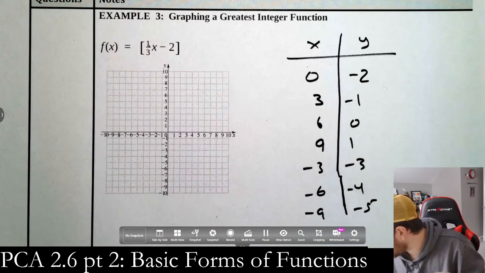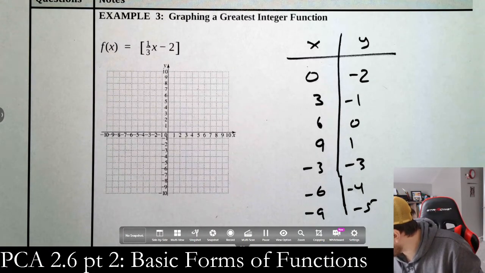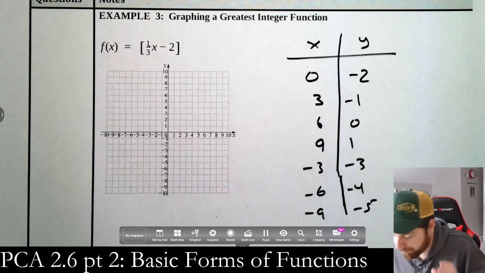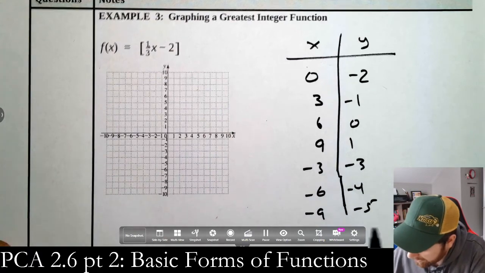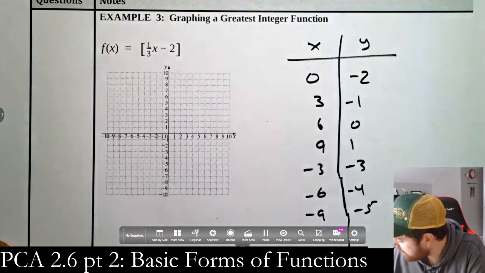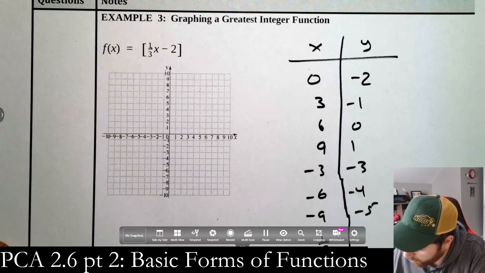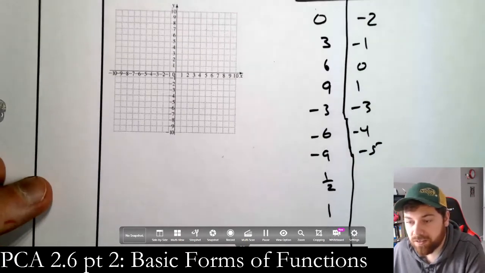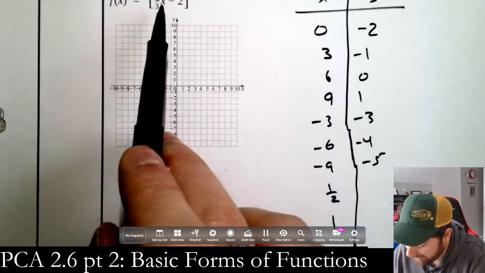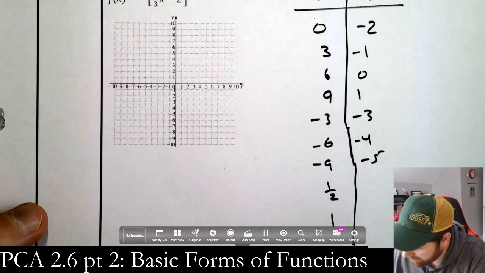So I kind of want those intervals in a way here. I want to find out how big the interval is. And so let's go ahead and lock down. We already have 0, but let's go with 1/2 and 1. See how big this interval actually is. Okay? So I plug in 1/2 and I get 1/6 minus 2.